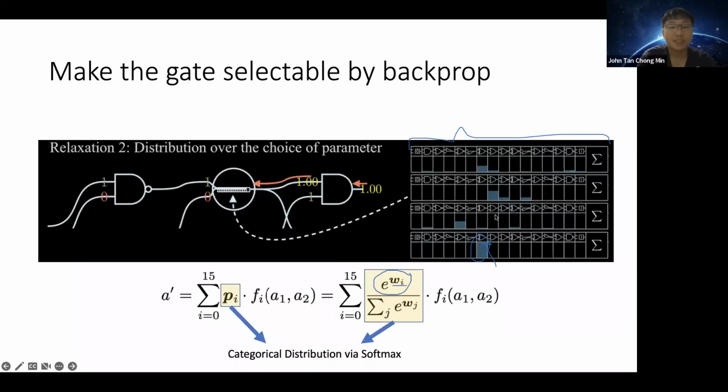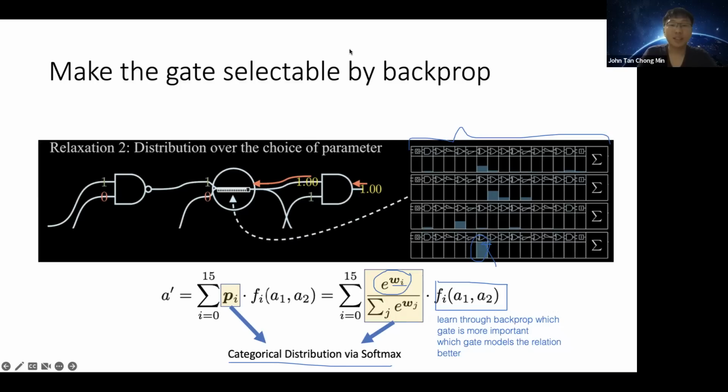What the authors did is they backprop this categorical distribution. So they can learn, based on this function of each of these gates, which gate is more important, learned through backprop. Which gate is more important, or which gate models the relation better? Okay.